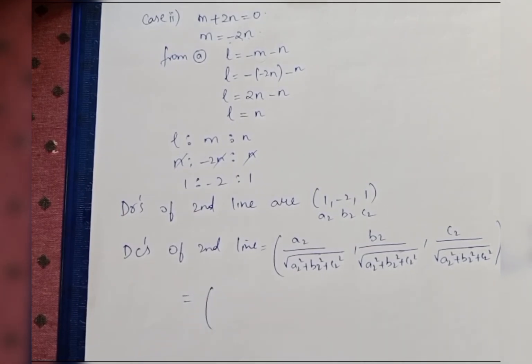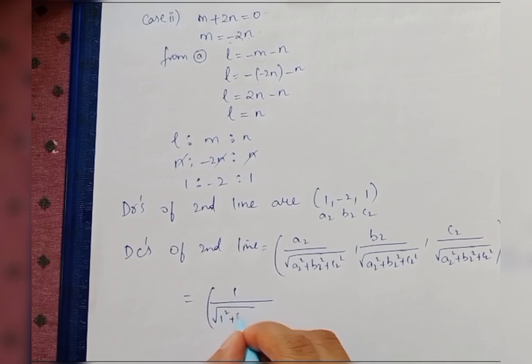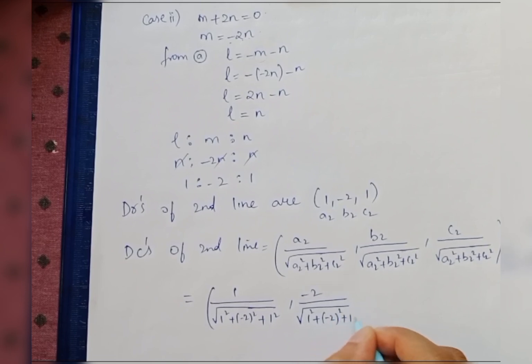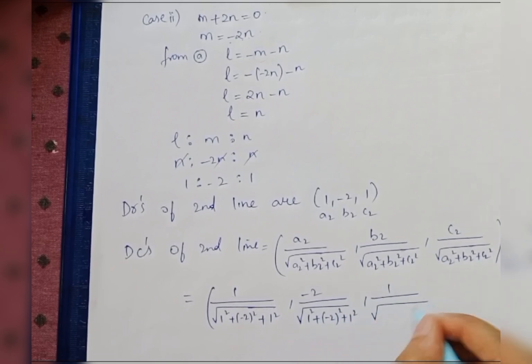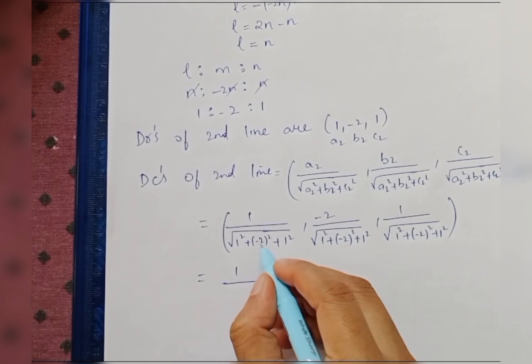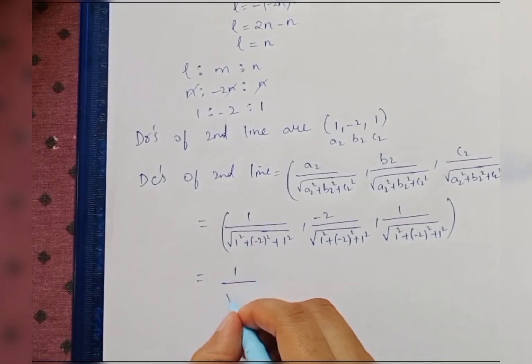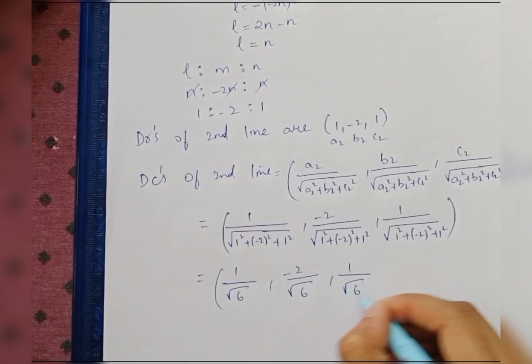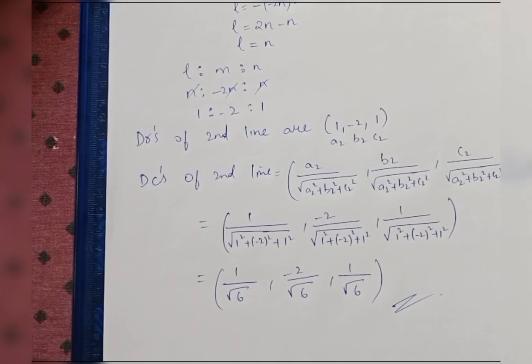That will be equal to a2 value is 1, so it will be 1 by root of 1 square plus minus 2 square plus 1 square, comma, b2 value is minus 2 by root of 1 square plus minus 2 square plus 1 square, comma, c2 value is 1 by root of 1 square plus minus 2 square plus 1 square. So it will be 1 plus 4 plus 1, 6, so it is 1 by root 6, comma, minus 2 by root 6, comma, 1 by root 6. So we got the DCs of both the lines.